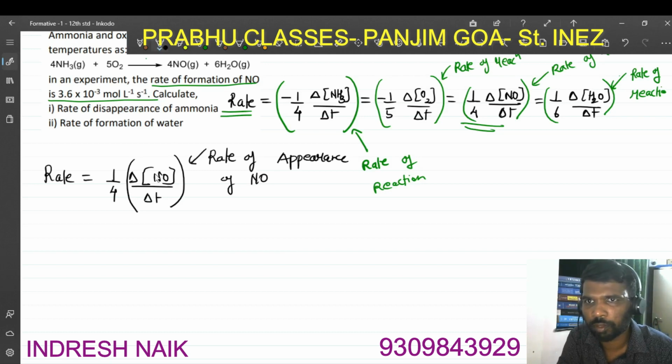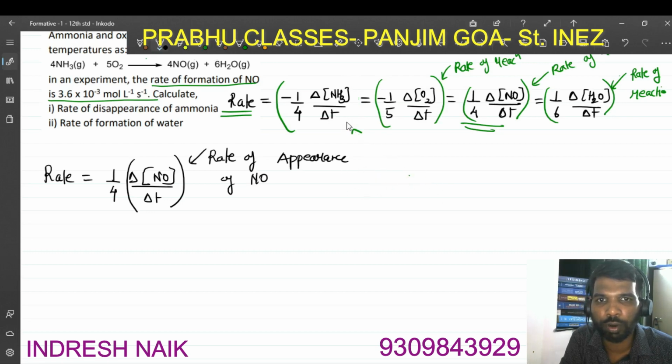Here, what I shall do is this. Rate of disappearance of ammonia means I have this data and I am told to find this. So I will equate these two quantities.